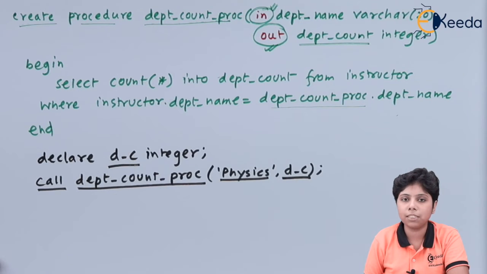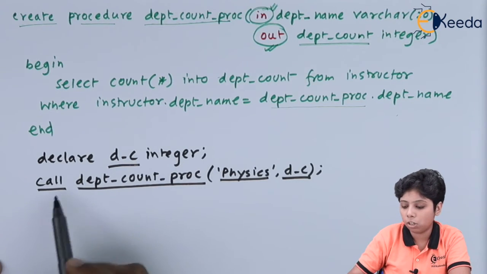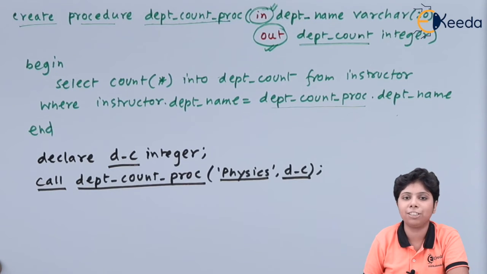So this is the explicit call to a procedure using the call keyword. Remember the difference: when we call the function, we haven't mentioned any call keyword, just put the function name. But to call the procedure, we need to mention the call keyword.